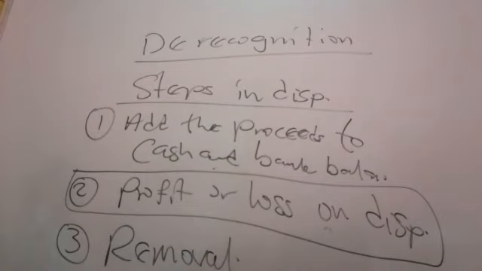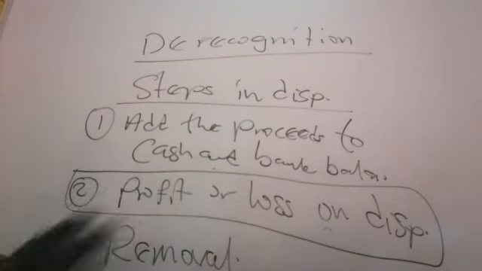At the end of their useful life, you have to dispose of them properly through distraction. That's when that asset does not have a sale value. Then the second step, calculate the profit or loss.